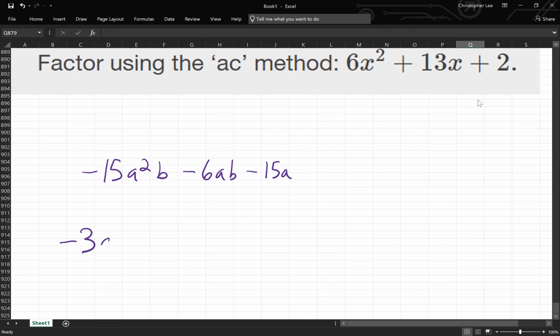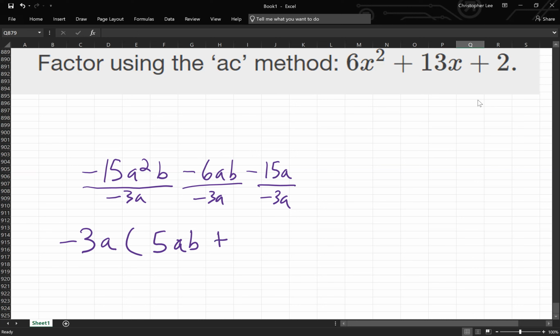A, right? -3A. And then remember, it's like you're dividing by -3A. And then -15 divided by -3 is 5AB, good. Positive, and a negative divided by a negative is a positive.